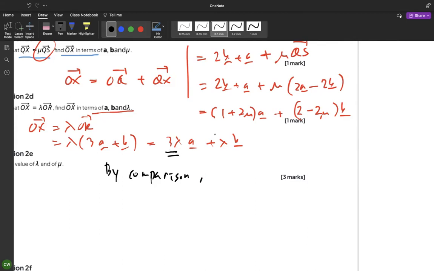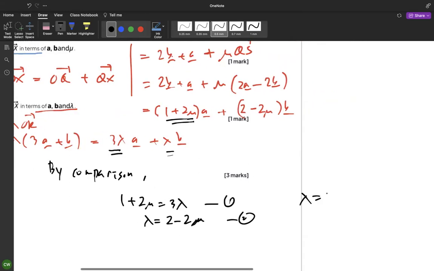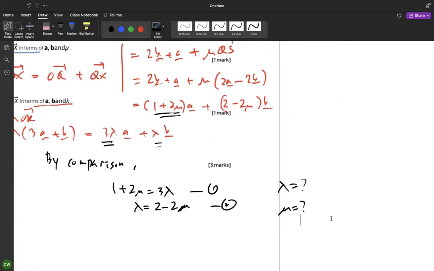What can we say about this value and this value? They are the same. How about the second one? They are also the same. Okay, I'll give you some time to work this out. Try to find the value of lambda and the value of mu. Okay, please try and see.